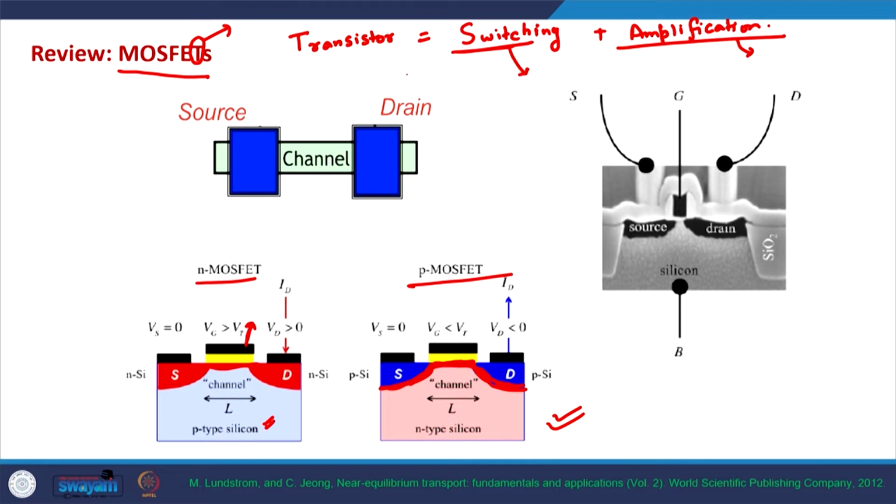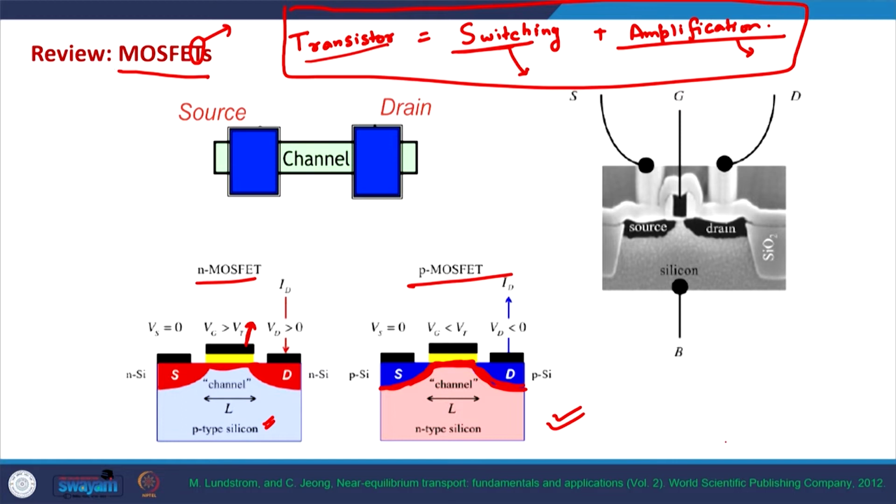These two functionalities are essentially responsible for almost all the operations that we perform using our electronic devices. Almost all the operations that we do can be broken down into a sequence of switching and amplification operations, or transistor actions. Okay.